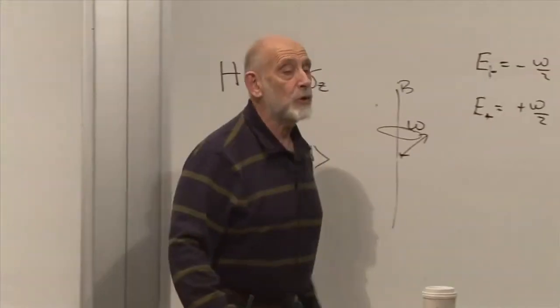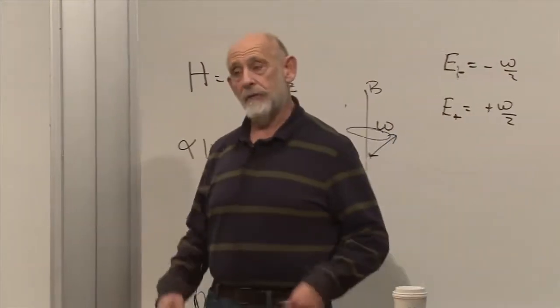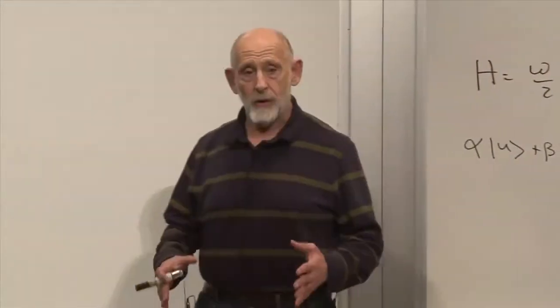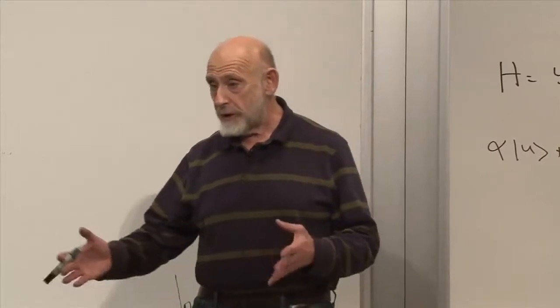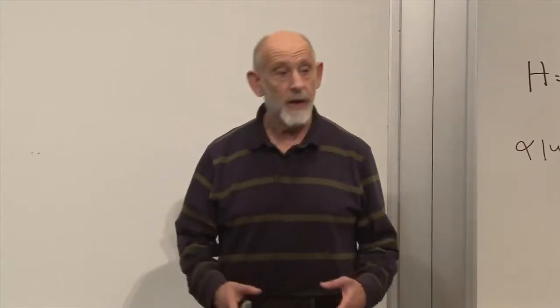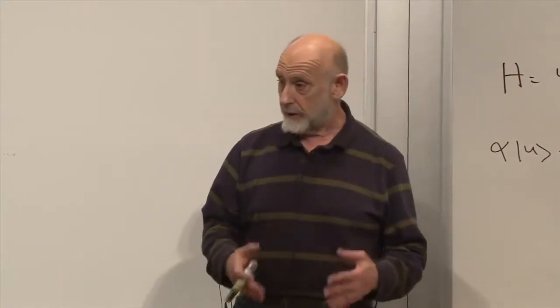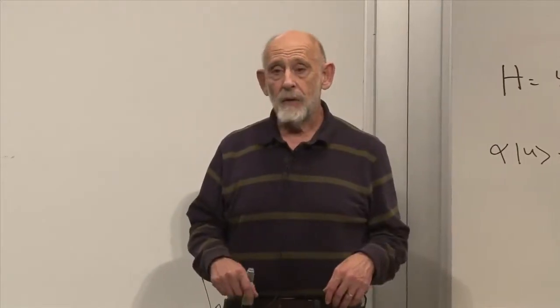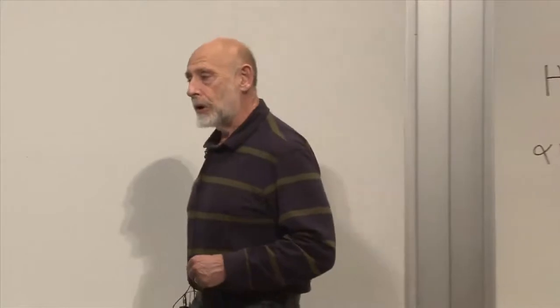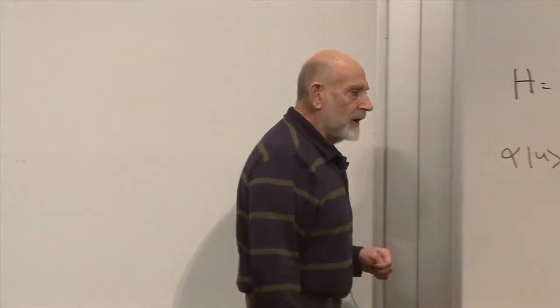That is the way they evolve, but that's the way they evolve between events where somebody or something, a detector or an apparatus, or just some other external system, interacts with the original quantum system. So we have a quantum system, we have other things in the world, including observers and apparatuses.